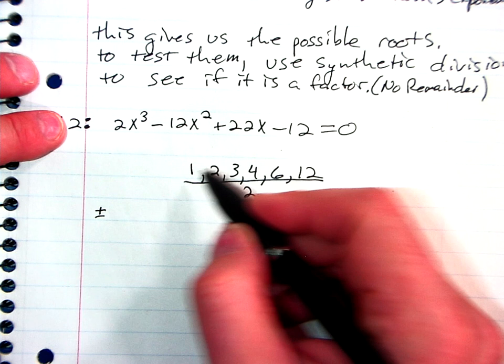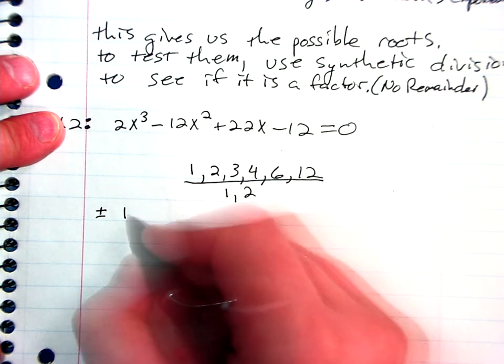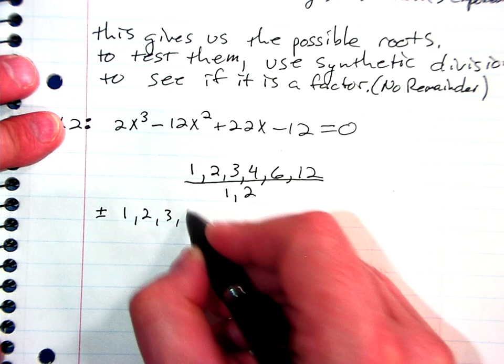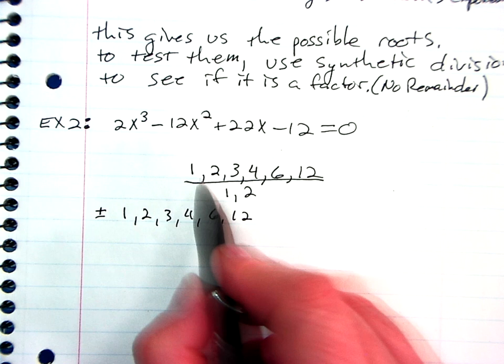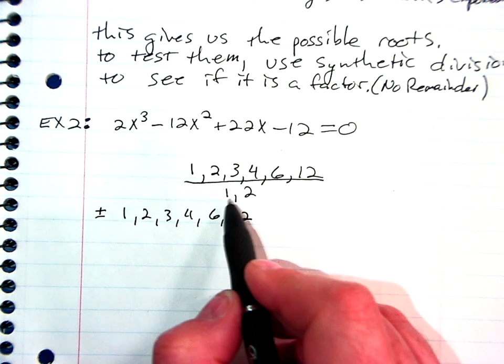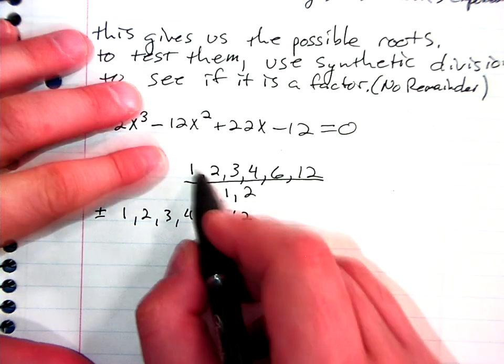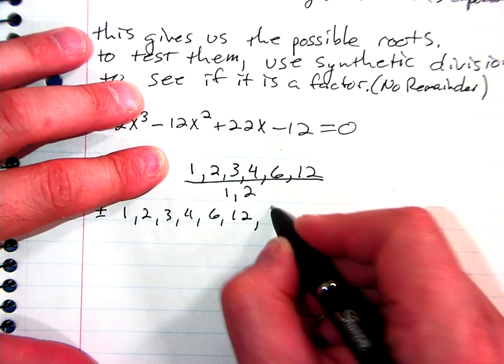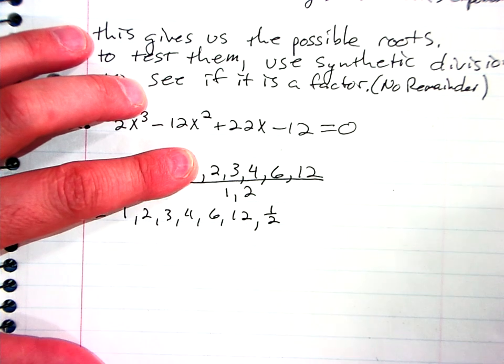So what is 1 divided by 1? 1. 2 divided by 1 is 2. 3, 4, 6, and 12. Those are all factors. What is 1 divided by 2? 1/2. 2 divided by 2 is 1, so I don't need to write that.